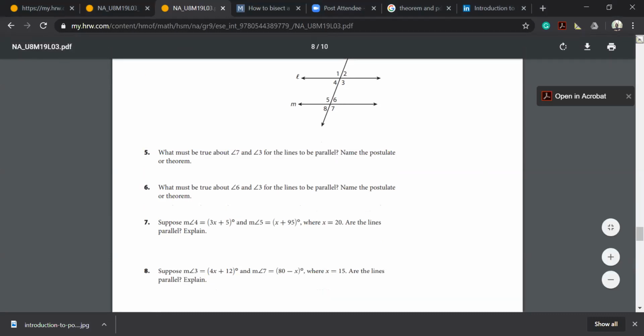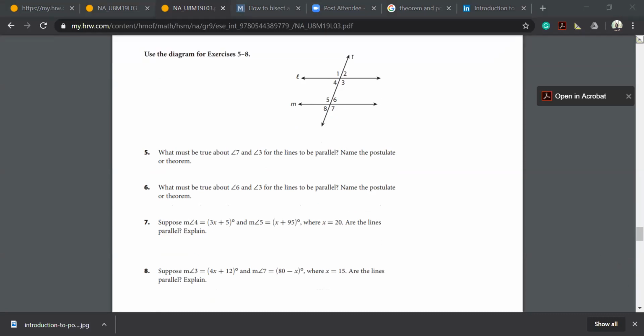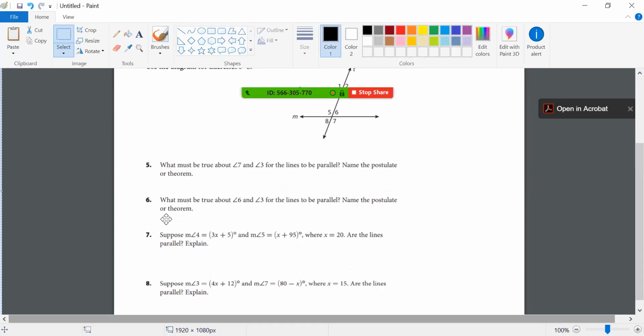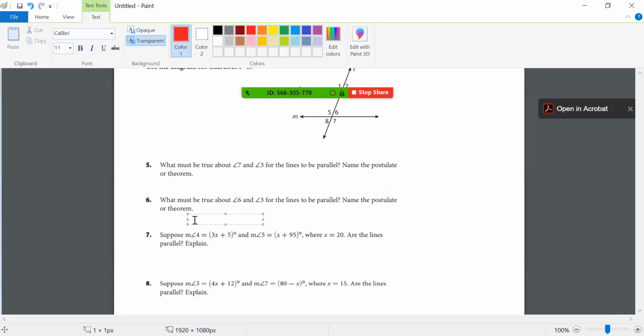So for question 6, I'm going to tell him that we used the converse of which theorem? We are using the converse of the same side interior angle. So in here, let's write, I'm going to tell him angle 6 and angle 3 are supplementary, should be supplementary.